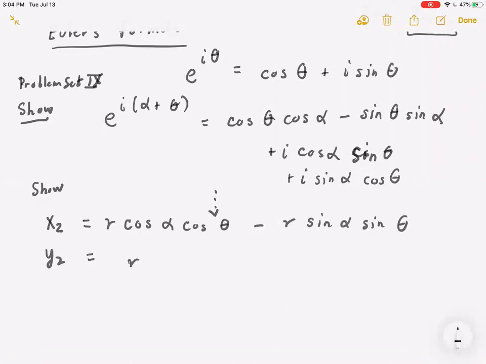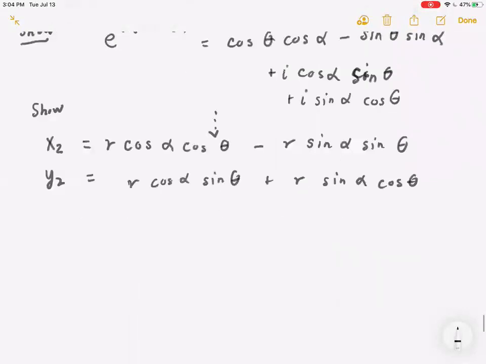R cosine of alpha sine theta plus r sine alpha cosine theta. And again, I'm going to ask you to use a result that you got from trigonometry that tells you what x sub 1 and y sub 1 are in terms of alpha by looking at the diagram.